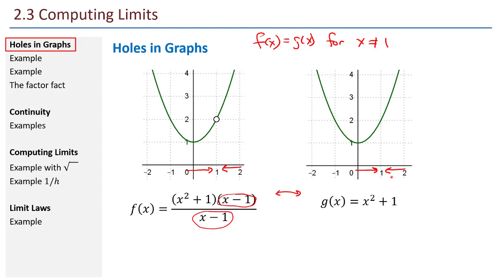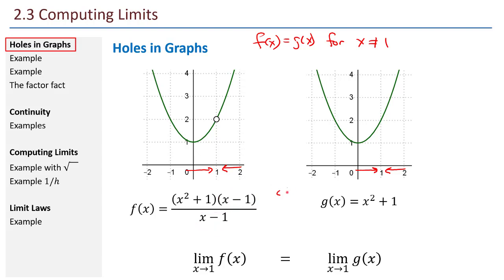Because in limits, we don't let x actually take on the limiting value. x just approaches that value. So the limit as x approaches 1 of f of x has to be the same as the limit as x approaches 1 of g of x, because x is never actually equal to 1. And when x isn't 1, then these two functions are the same.